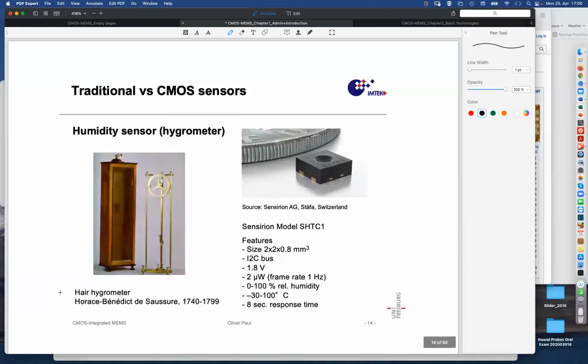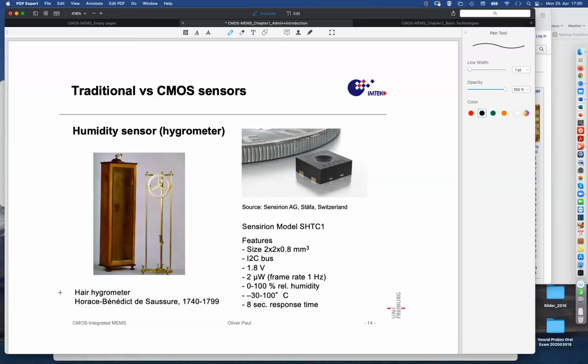So I have here a few examples now that show you how some wild dreams can be translated within the limits of CMOS technology.